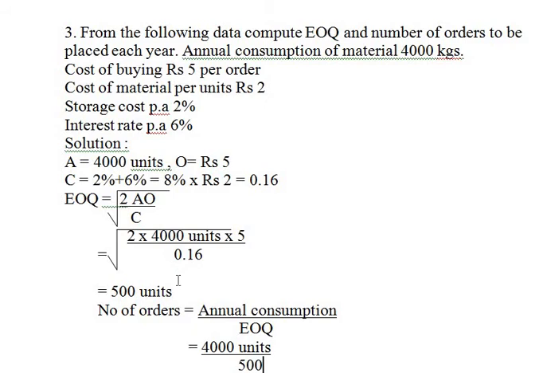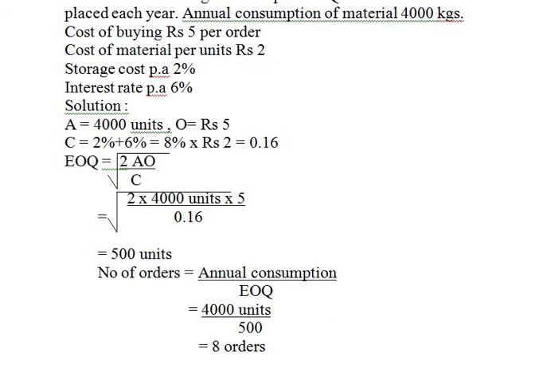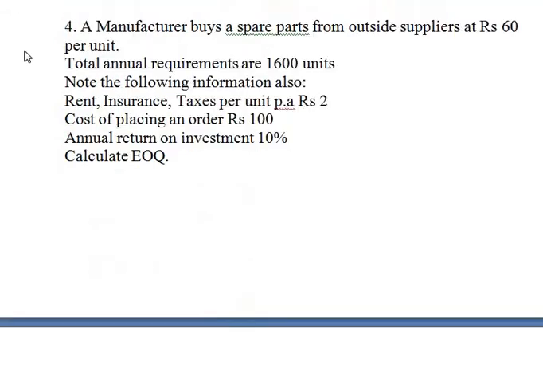Okay, and we have calculated EOQ. They have asked us to find out number of orders, it means how many times they have ordered. So formula will be annual consumption divided by EOQ. So 4000 units divided by 500 units, that is 8 orders.